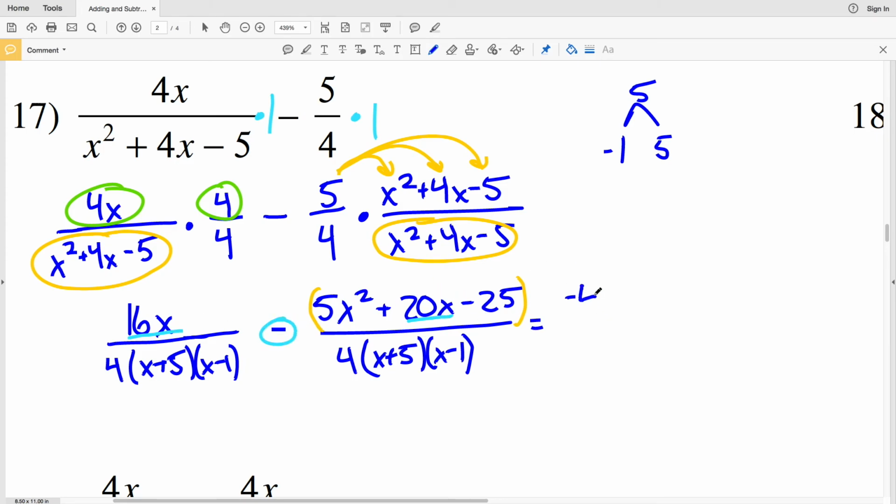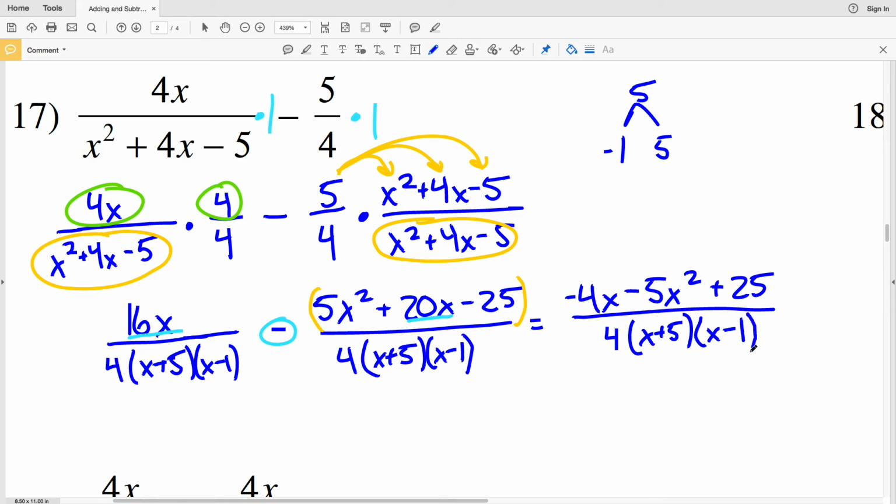That'll be negative 4x, and then we'll be subtracting 5x squared, and then subtracting that negative 25, which is adding a positive 25. And that's all over the same denominator, 4 times x plus 5 times x minus 1. So negative 4x minus 5x squared plus 25 over 4 times x plus 5 times x minus 1 is our solution.